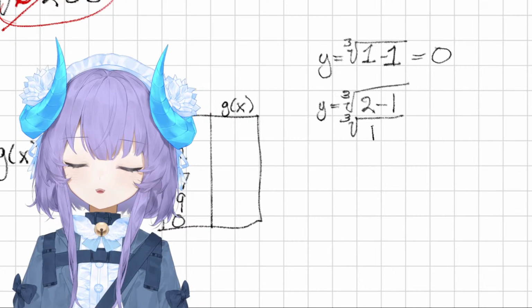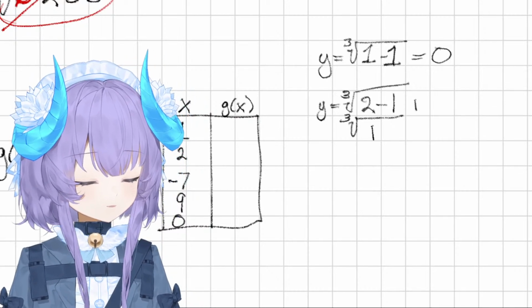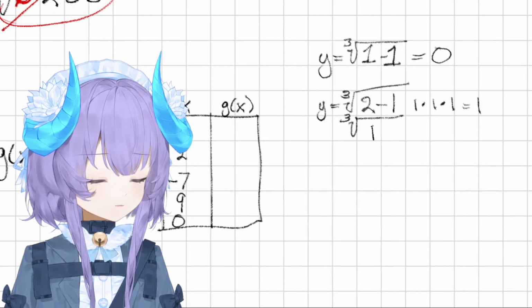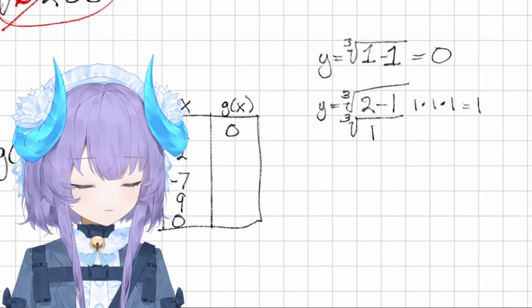Oh, I see what you mean. Yeah, 1 times 1 times 1 equals 1. 0 and 1.